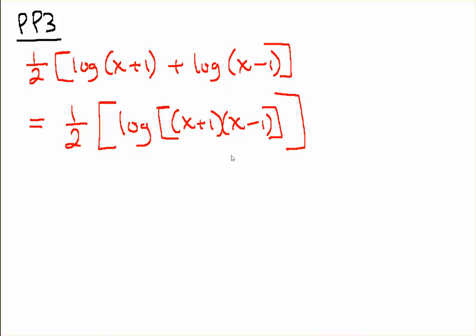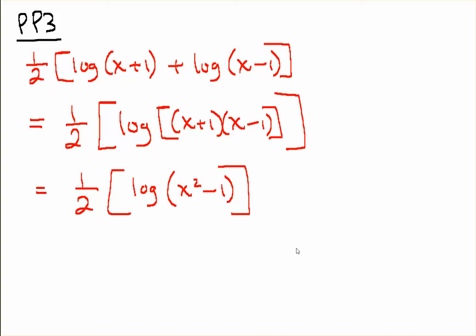Okay, and hopefully you can multiply this out, right? x plus 1 times x minus 1, what would that be? x squared minus 1, difference of 2 squares. Absolutely. Now it becomes log of x squared minus 1. Okay, simplify that as much as possible.